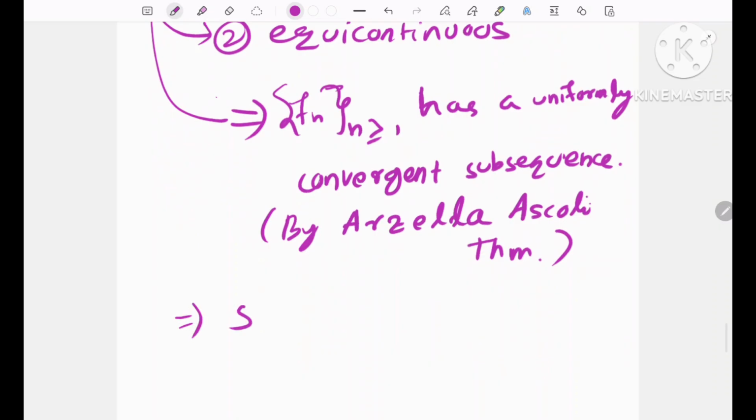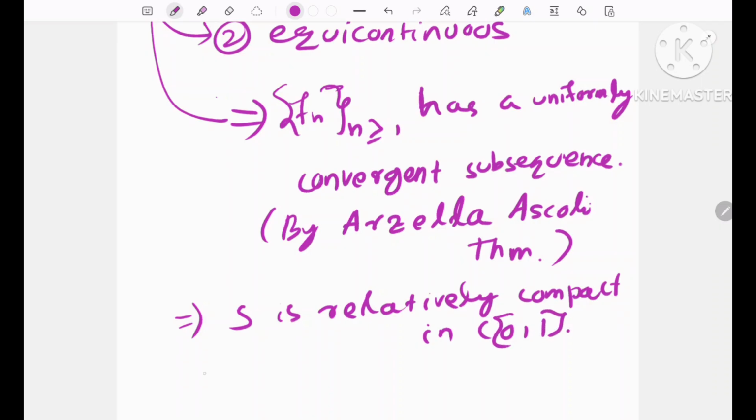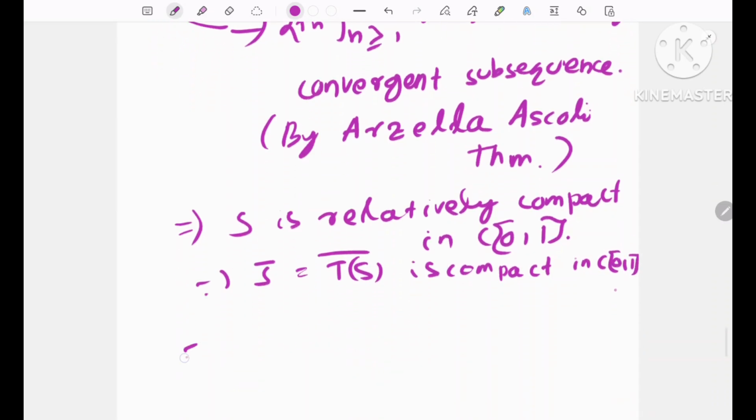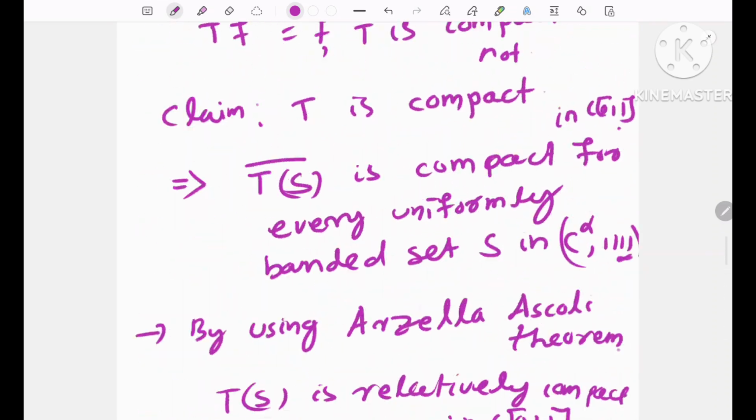This implies S is relatively compact in C01, so S closure, which is nothing but TS closure, is compact in C01. This implies T is a compact operator, because S is an arbitrary bounded set in C alpha. We have proved that T is a compact operator.